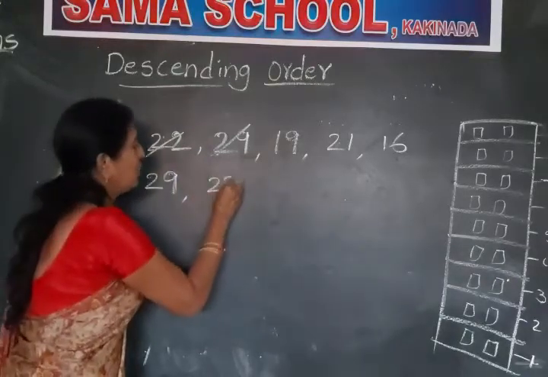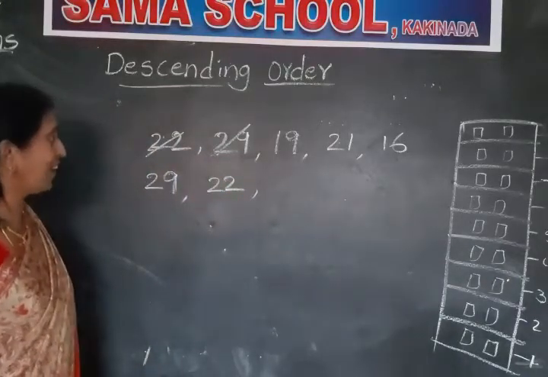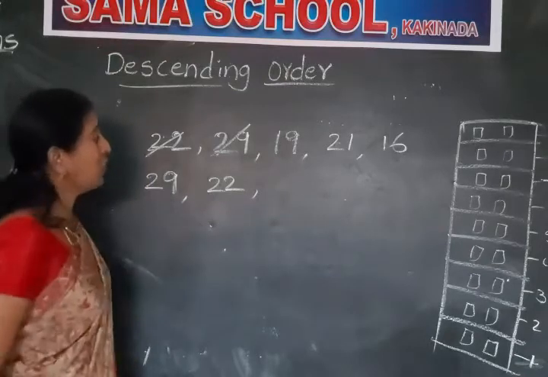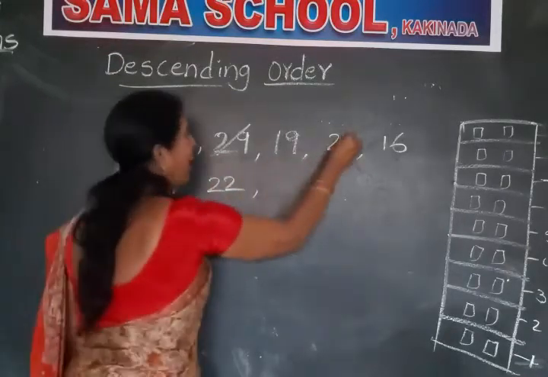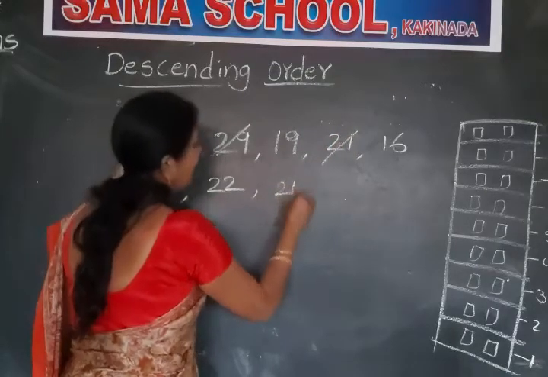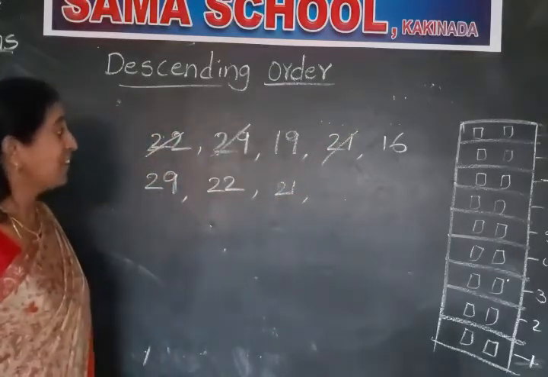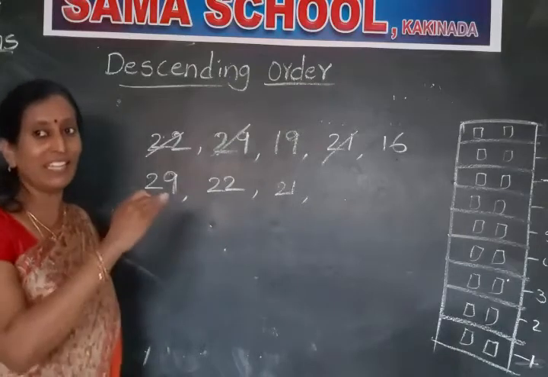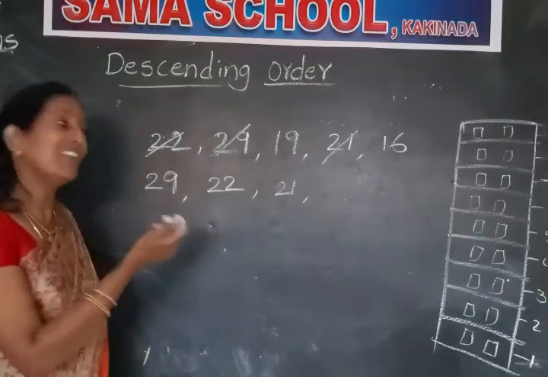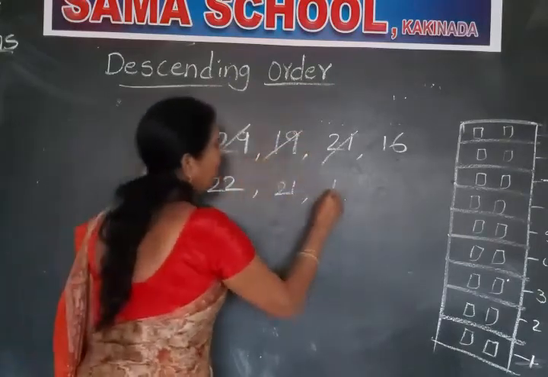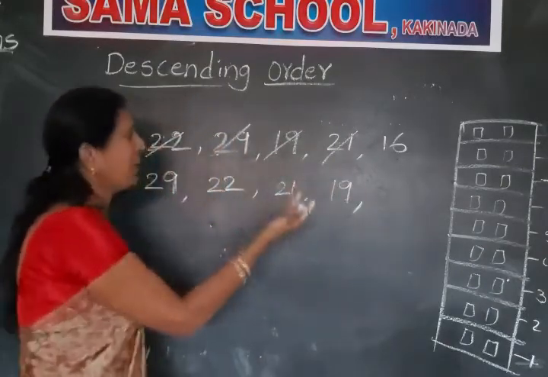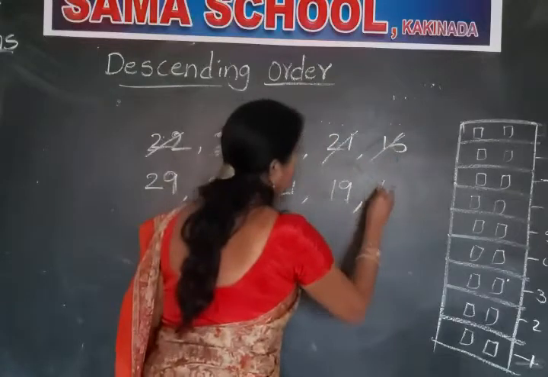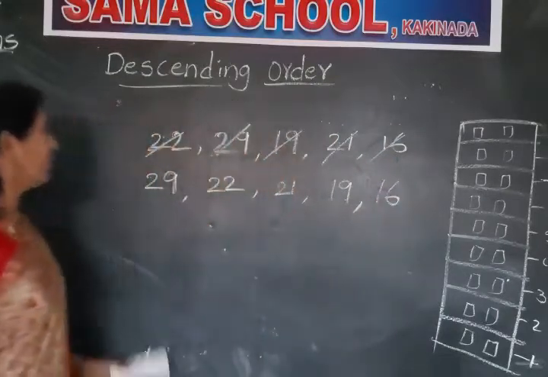Next, 22 before which number? 21. You write 21. Next, 21 before? 20. 20 before? 19. So 19 you write like this. Now the remaining number, what is it? 16.